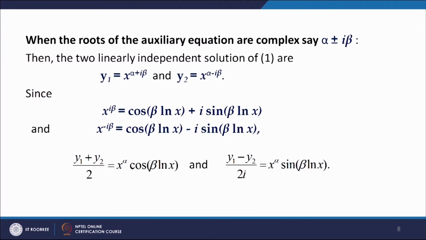Now our equation is a homogeneous equation. So if y1 and y2 are two solutions of that, then y1 plus y2 and y1 minus y2 over 2i are also solutions of that. So x to the power alpha cos beta ln x and x to the power alpha sin beta ln x are also solutions of the homogeneous Cauchy-Euler equation.